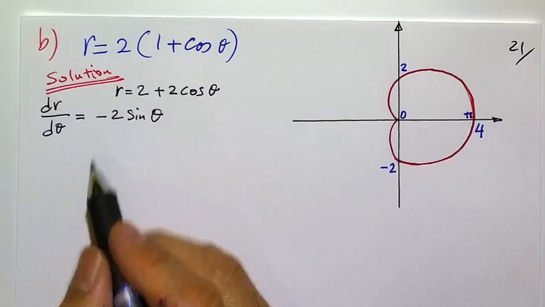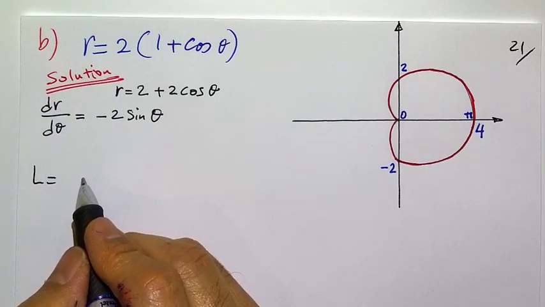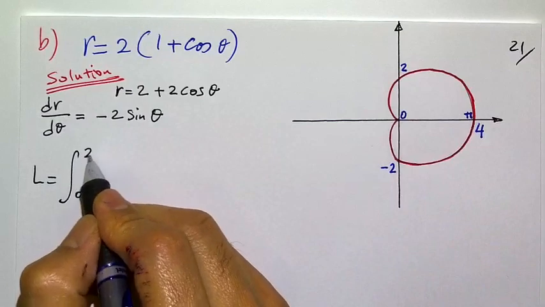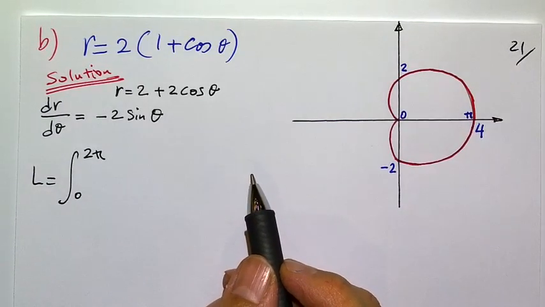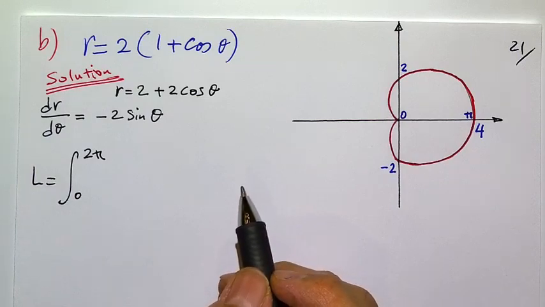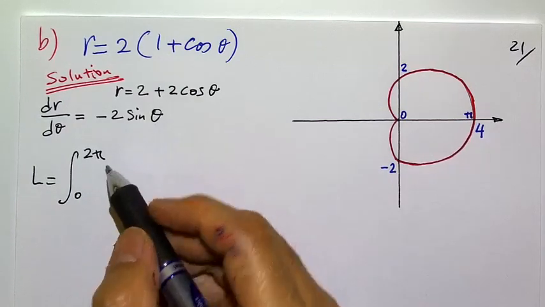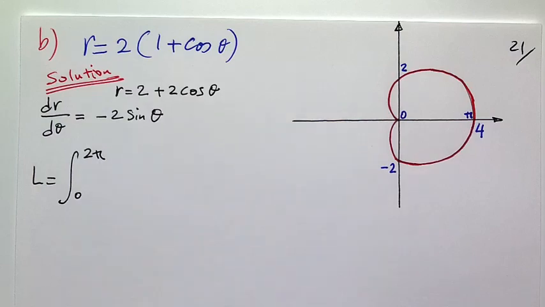Okay, so then applying the formula, we have the integral from 0 to 2 pi. So 0 to 2 pi, and then what do we get? We get square root of, let me see, I have a question if I remember that formula correctly or not.